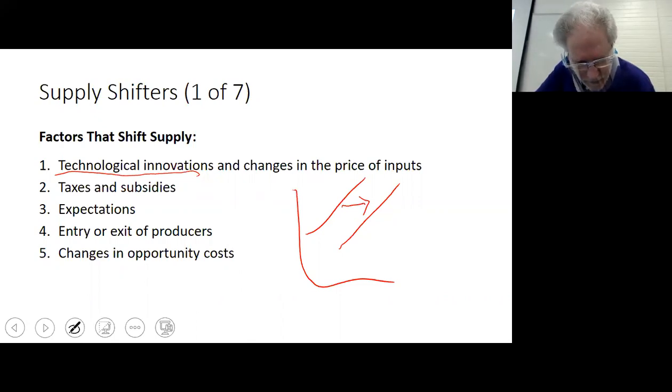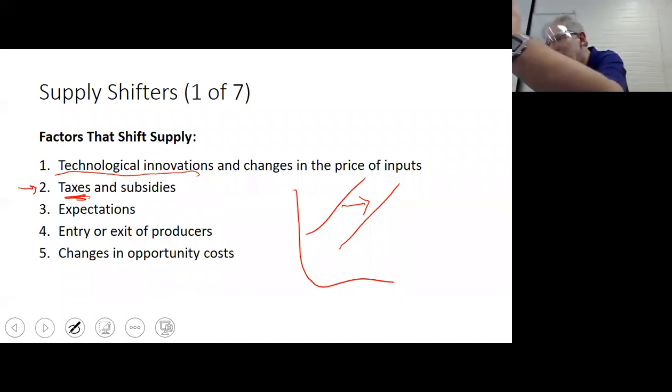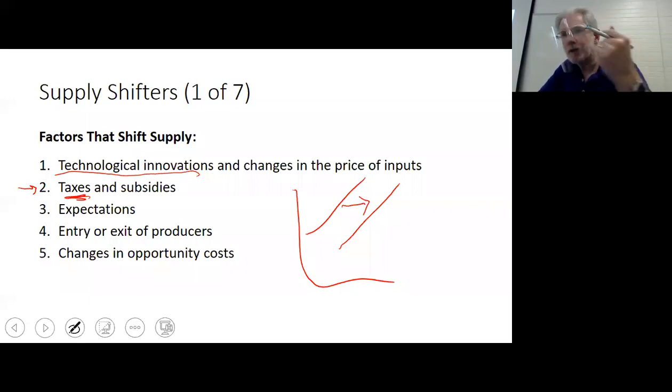Taxes and subsidies have a similar effect. Basically, anything that makes production more profitable will motivate the producers to produce more, and anything that makes it less profitable motivates them to produce less. If you impose a tax on the production of something, that's adding a cost to the producer, and so they're going to produce less. If you impose a subsidy, what is a subsidy?